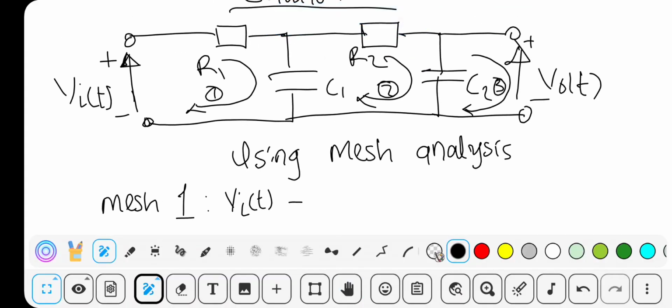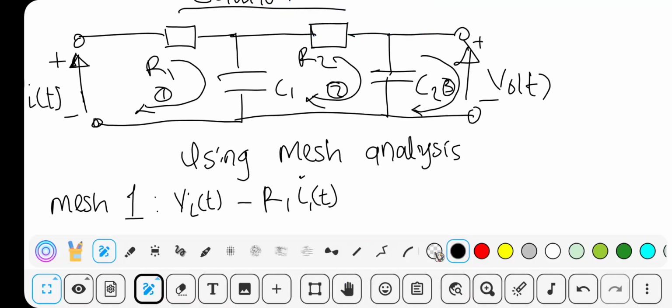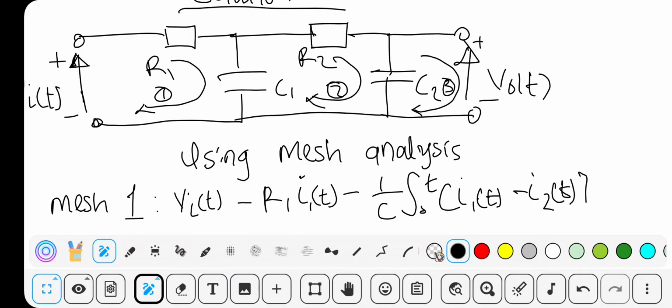The voltage drop across this resistor is R1 I1, since the current in mesh 1 is I1 of t, a function of time. And for the capacitor, the voltage drop is 1 over C times the integral from 0 to t of I1 of t minus I2 of t. This is equal to 0.